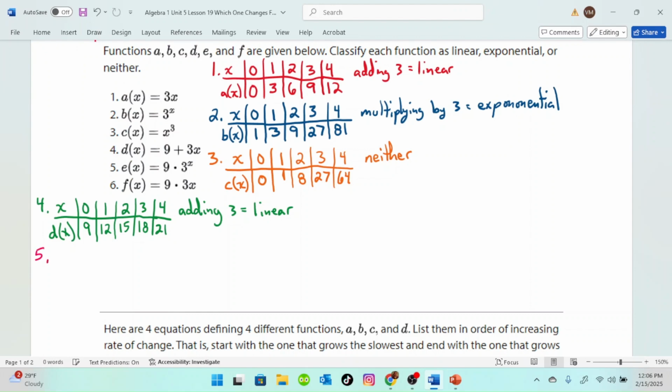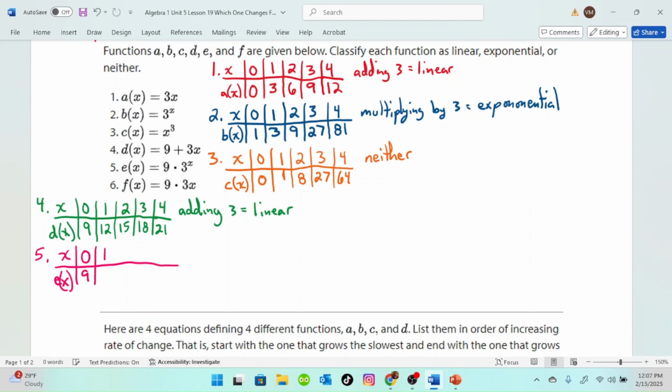Number 5. We have x as the input, and we have e of x as the output. So when x is 0, 3 to the power of 0 is 1, times 9 is 9.